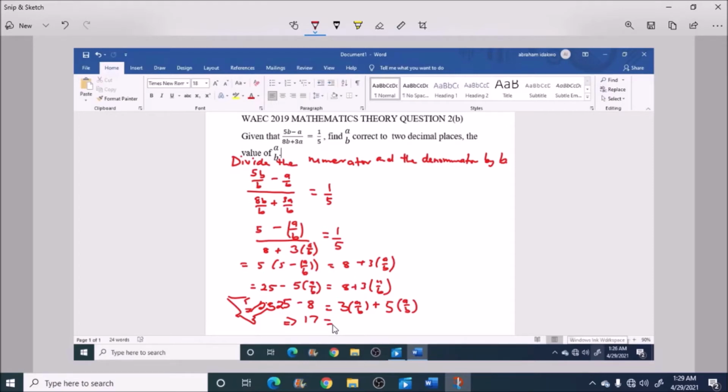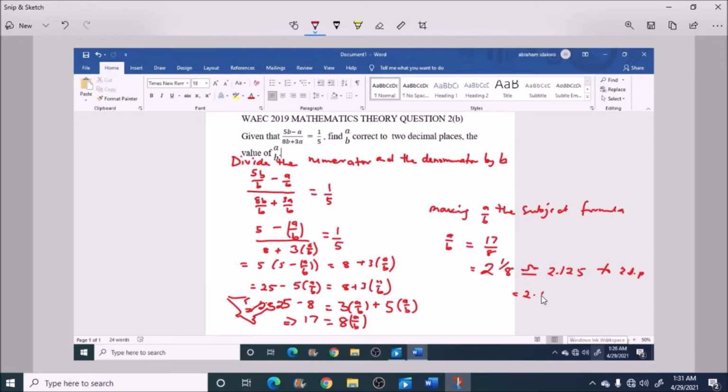Now to two decimal places, it will be 2.13. So a over b is equal to 2.13, correct to two decimal places. And that's the final answer.